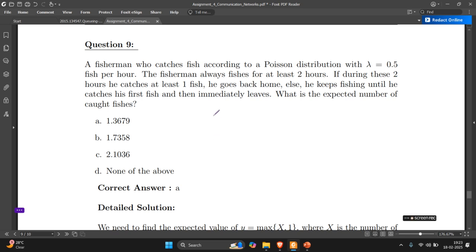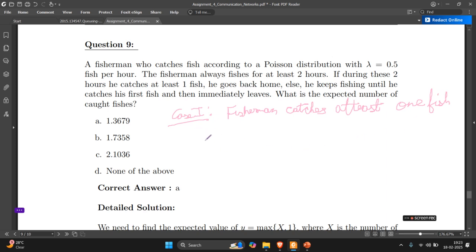So first we will take case 1: the fisherman catches at least one fish.